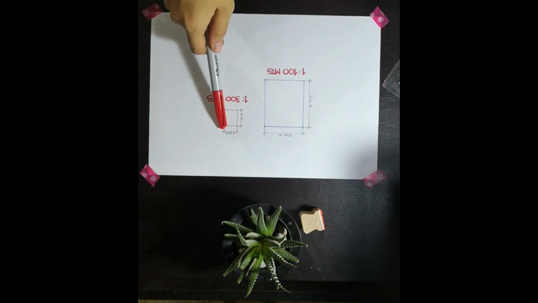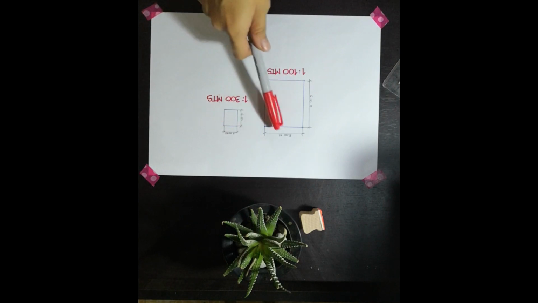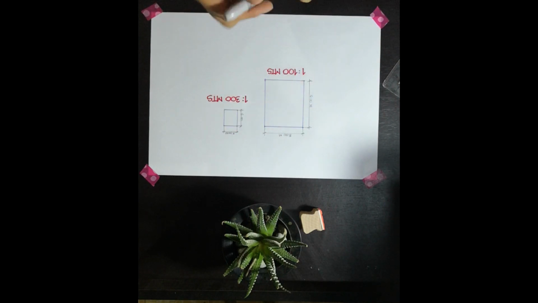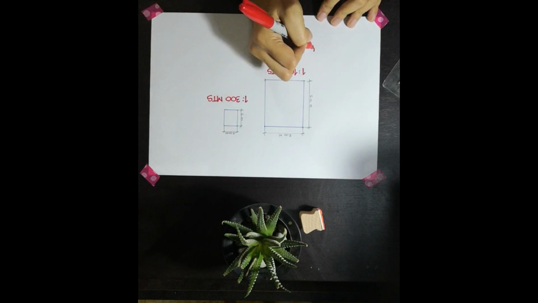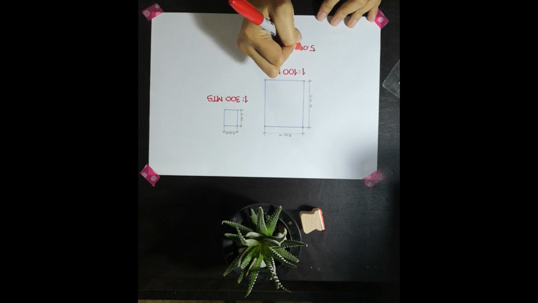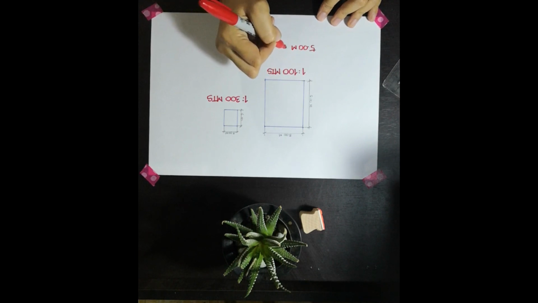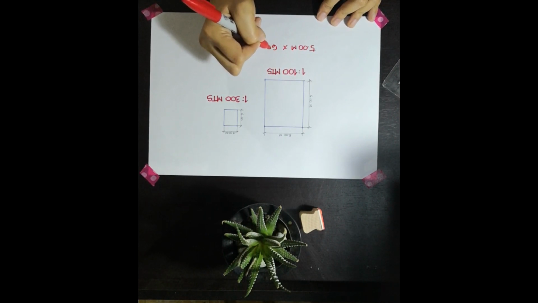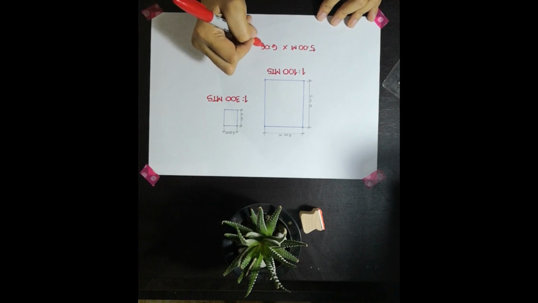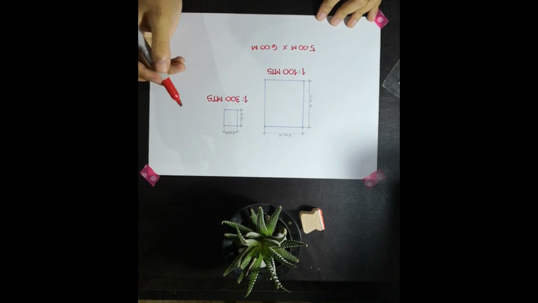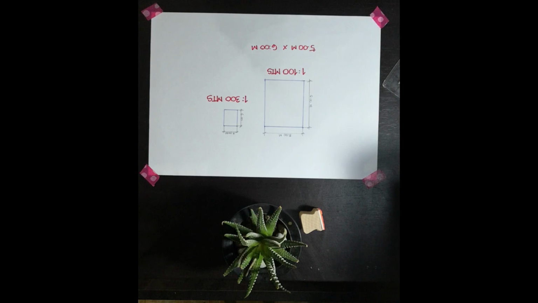So as you have noticed, we used the same measurement of 5 by 6 meters, but we resulted in different sizes of the figures. It is because the rule of thumb of the scale is the larger the number, the smaller the scale.